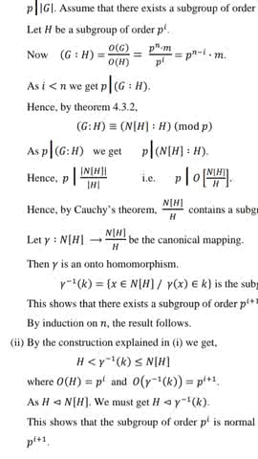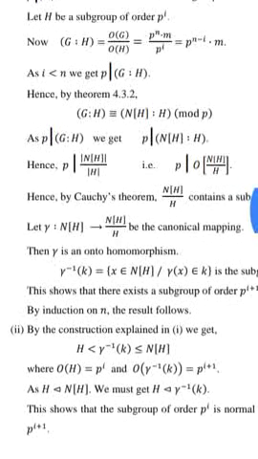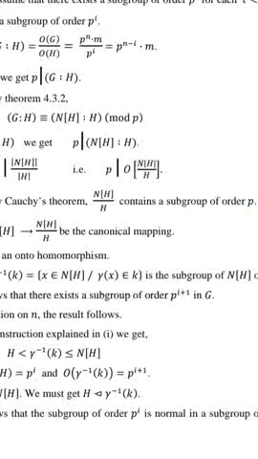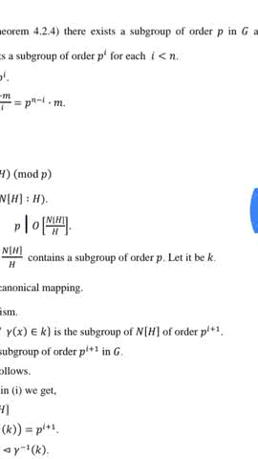As p divides the index of G over H, we get p divides the index of N(H) over H. Therefore, p divides the order of N(H) divided by the order of H. Hence, by Cauchy's theorem, N(H) over H contains a subgroup of order p.